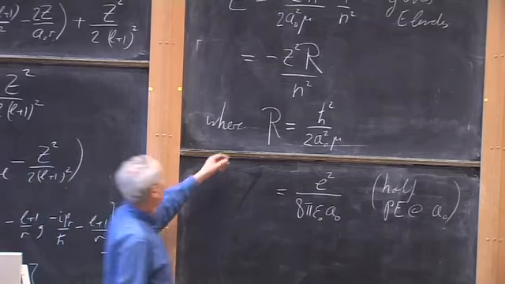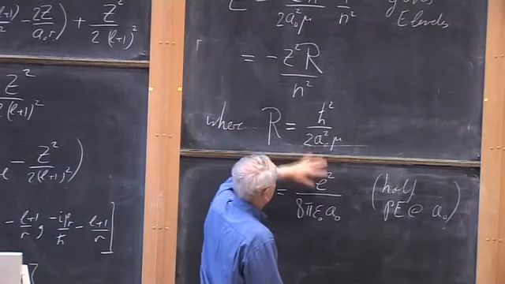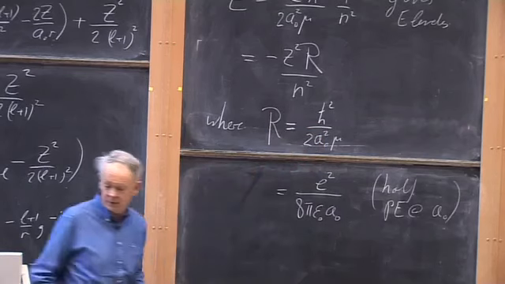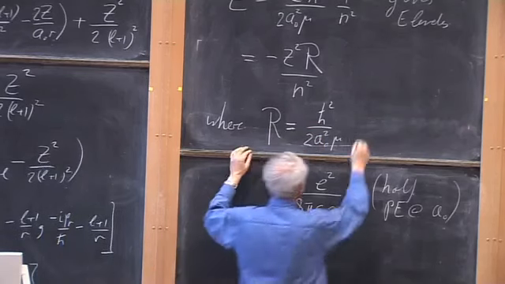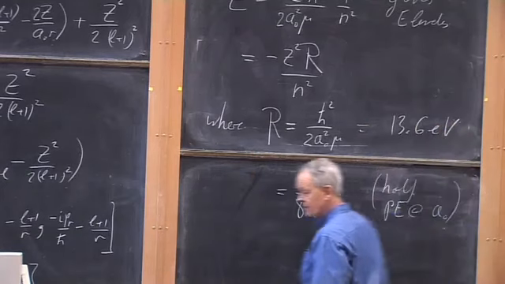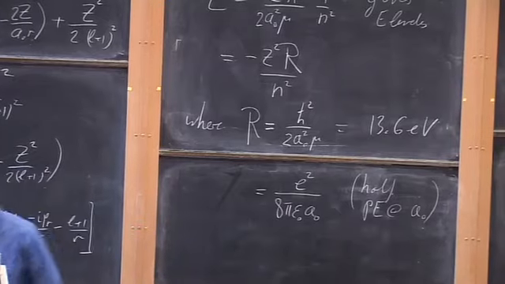And so this is the fundamental energy scale of atoms. And what is it equal to? 13.6 electron volts, to 3 significant figures.